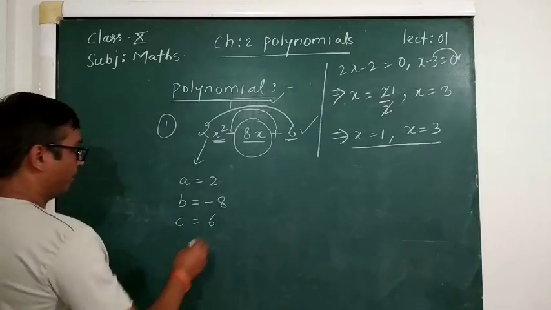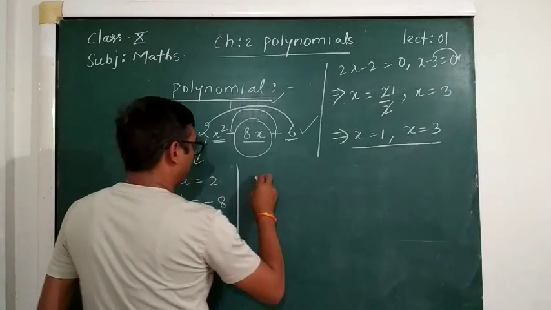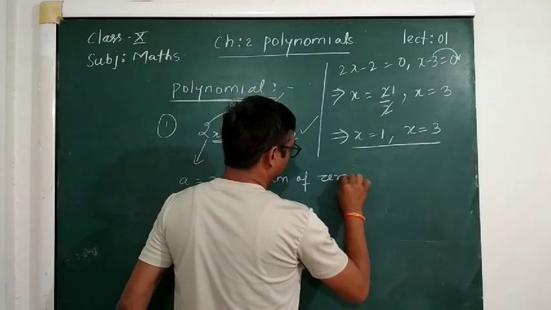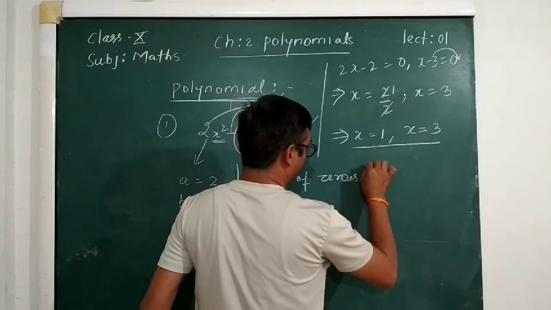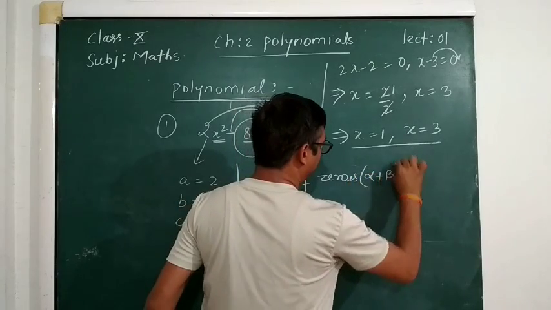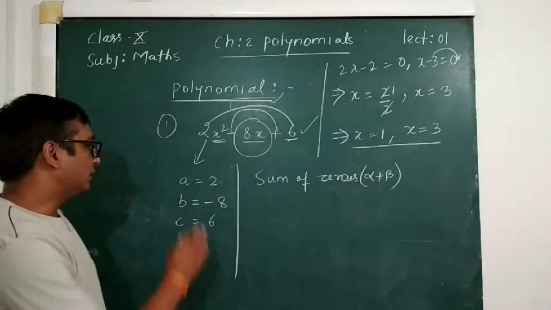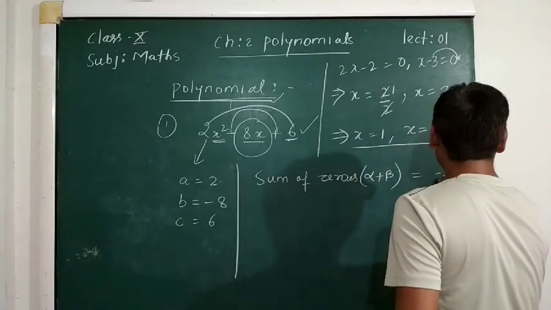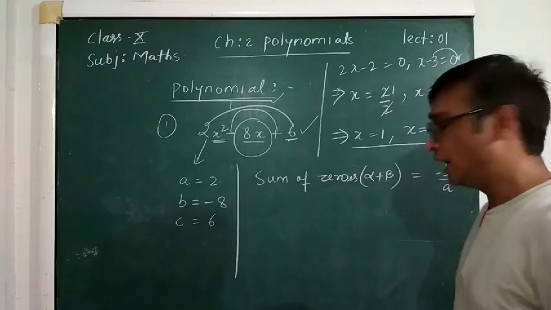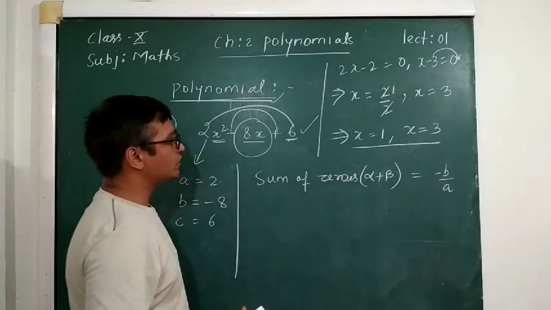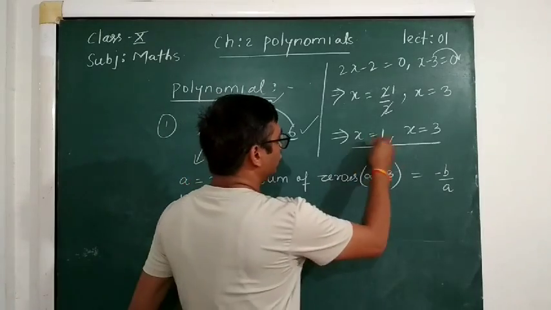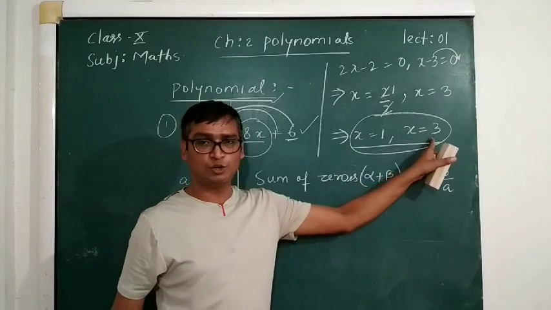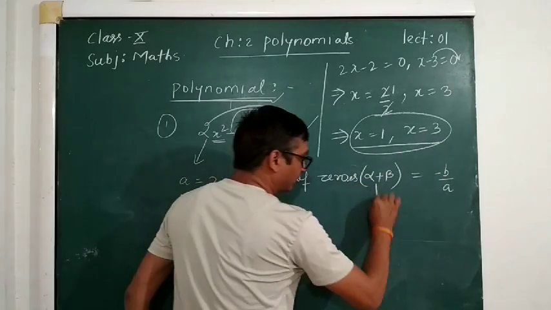Okay. Now we have here the sum of zeros, where alpha and beta are taken for the zeros, and the formula for the sum of zeros is equal to minus b by a. Again, sum of zeros means whatever zeros we have obtained in this equation, x is equal to 1 and x is equal to 3, we will take the sum of these.